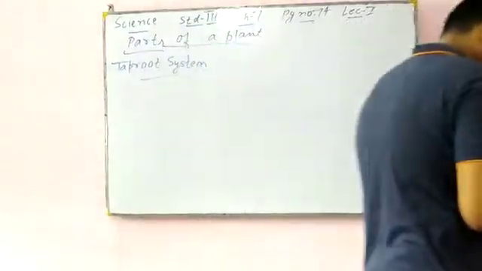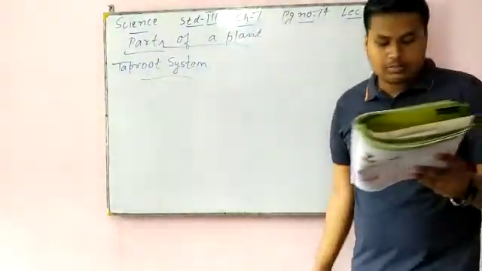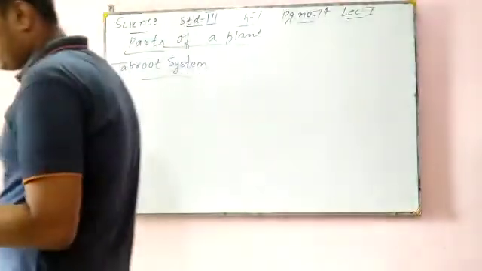In a taproot system, the first root that comes out of a seed becomes the main root of the plant.